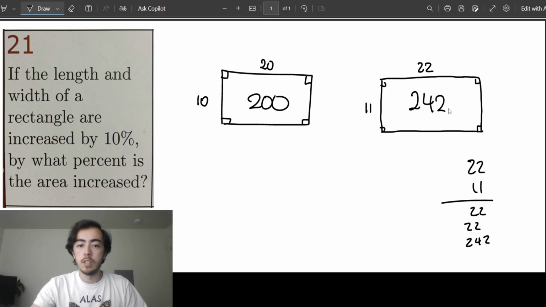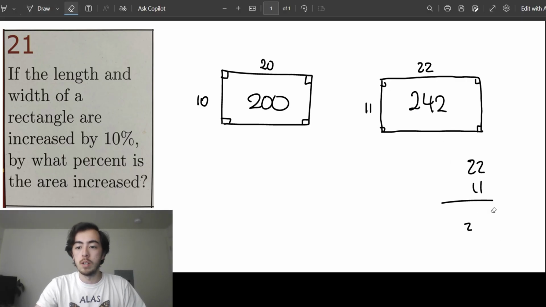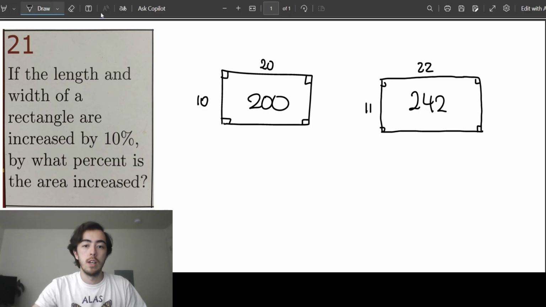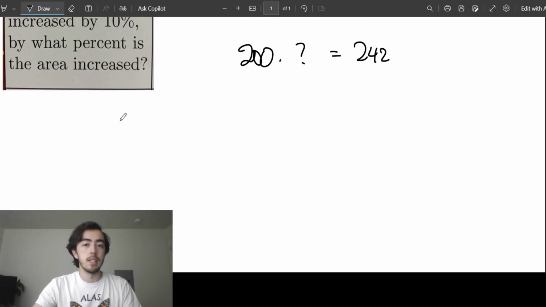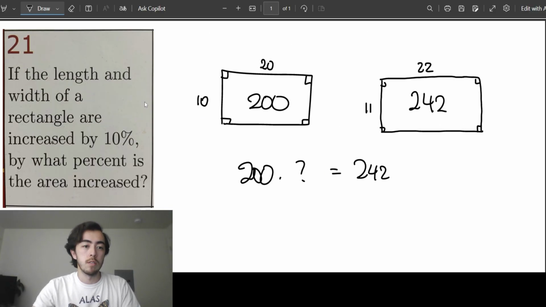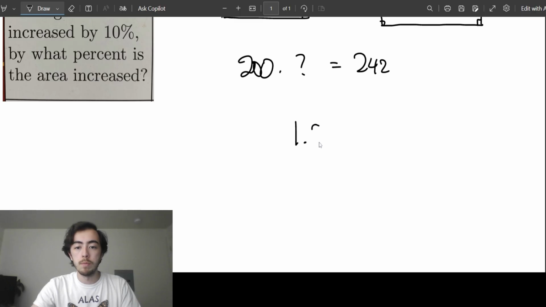And then we just need to see what percentage increase there is between the two. Basically we need to find 200 times something equals 242. And once we find this something in a decimal representation, it's going to be 1.21. This 21 right here represents our 21% increase.